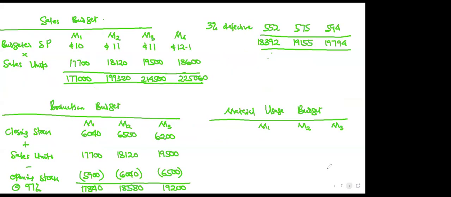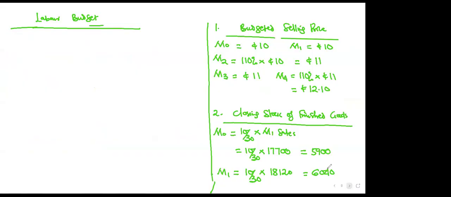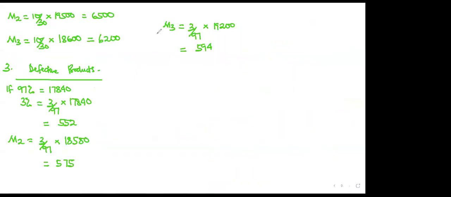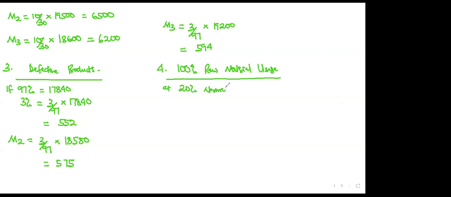So similarly, we can come here and work out working number 4. The 100% raw material usage is equal to 2 kg. If they are telling us there's a normal loss of 20%, it means that the 2 kg is equivalent to 80%.